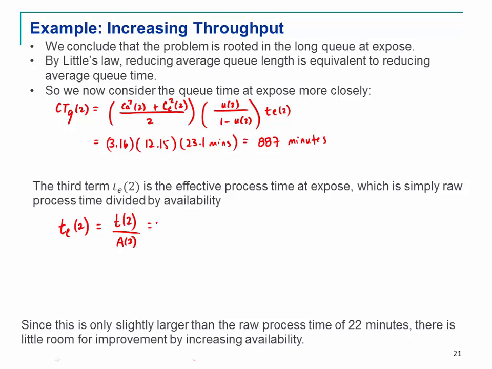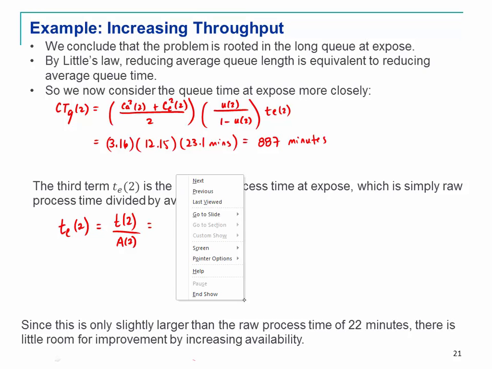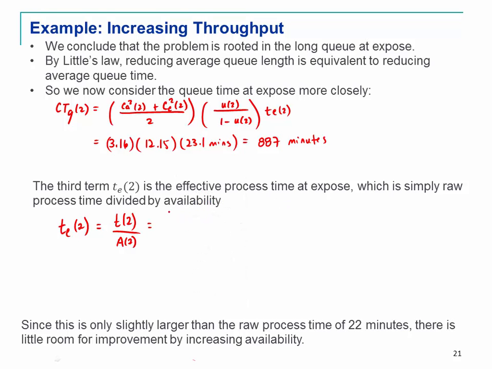And we know that we can compute that also by looking at the mean time to failure, right? So this is going to be equal to T2 divided by the mean time to failure of 2 divided by MF of 2 plus MR of 2.